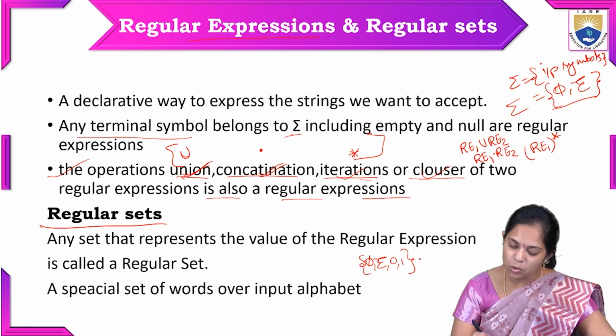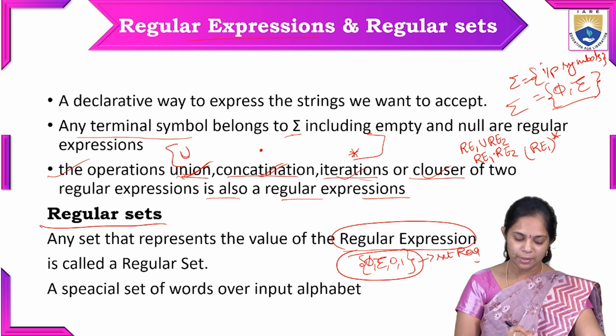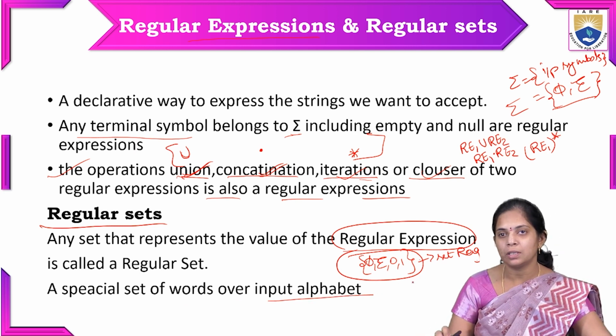All the combinations of the regular expression are formed from these terminals. So a regular set is a special set of words over the input alphabet, a set of alphabets used to perform a regular expression.